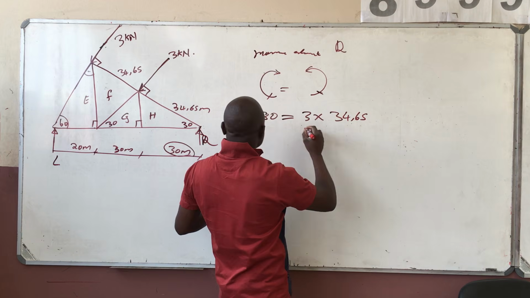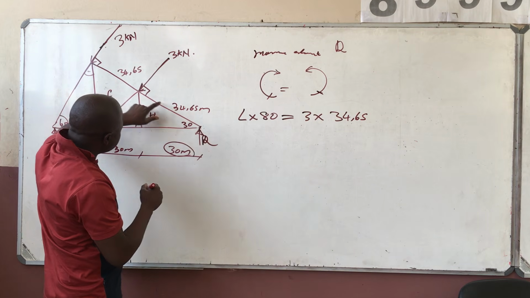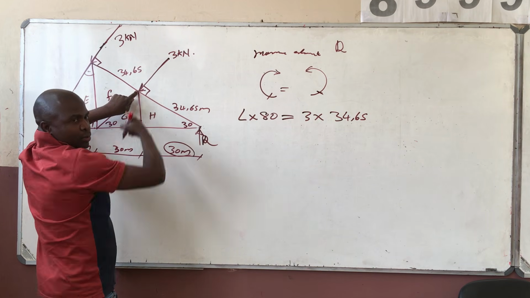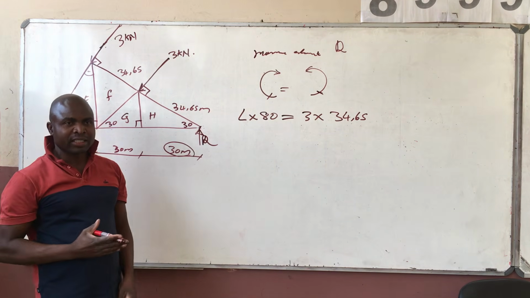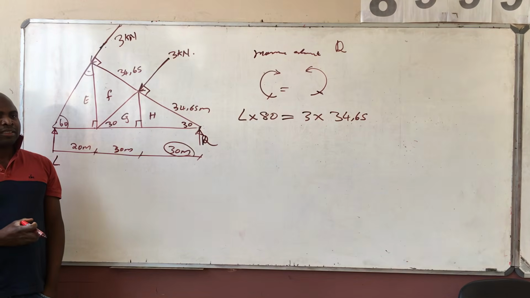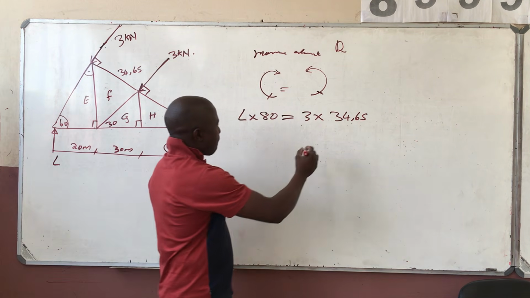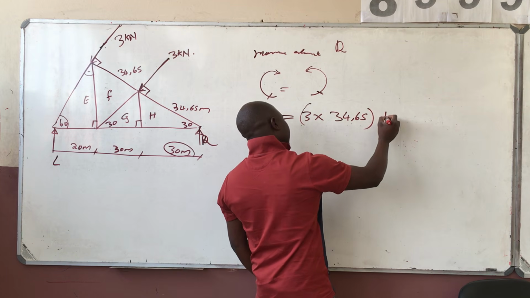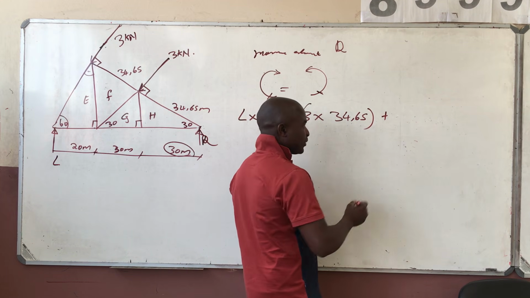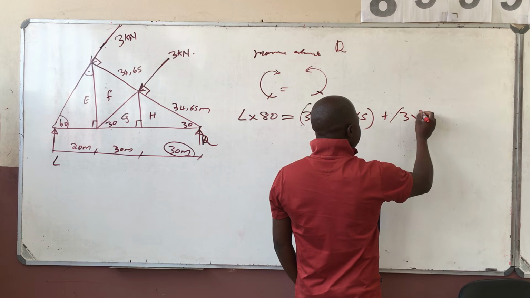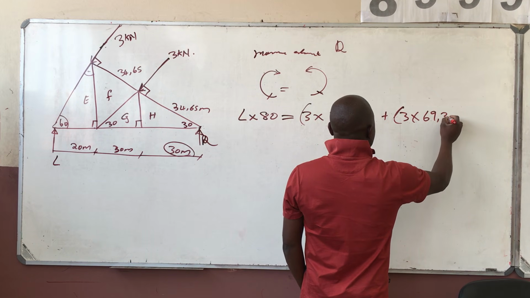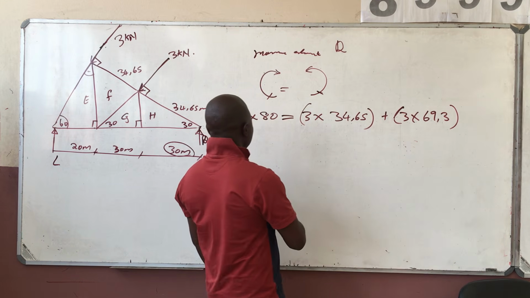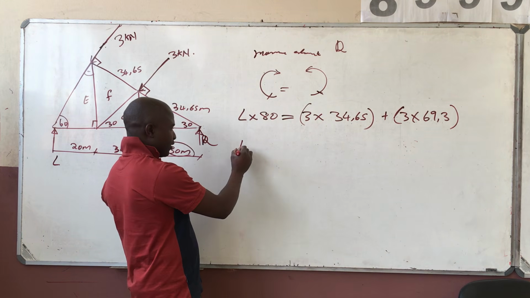This distance here is perpendicular to this force, so you only use a perpendicular distance. You get that part? Yes. Plus another one, 3 times 60, 3. So what will be the magnitude of L?